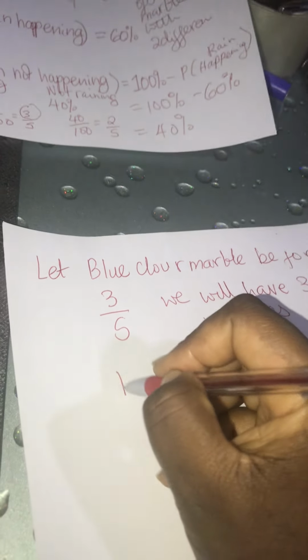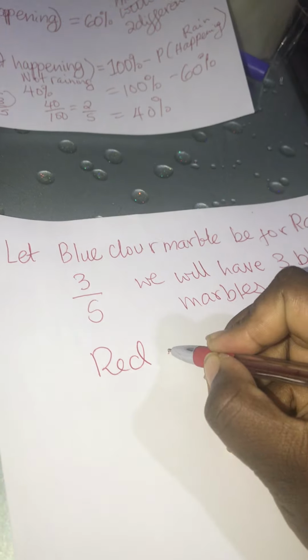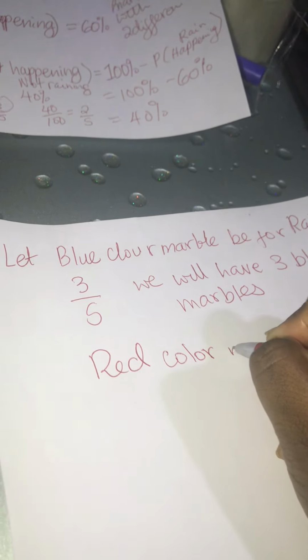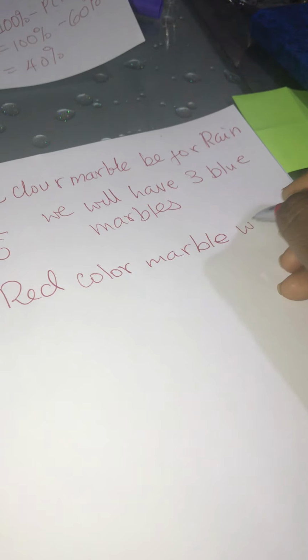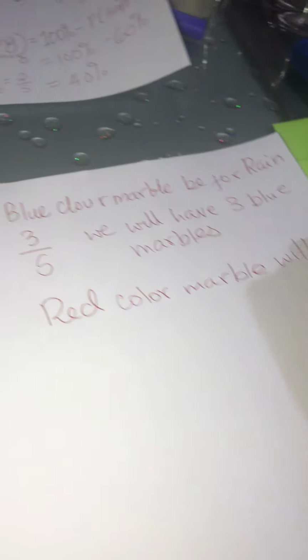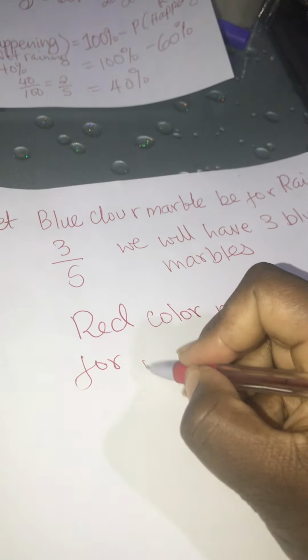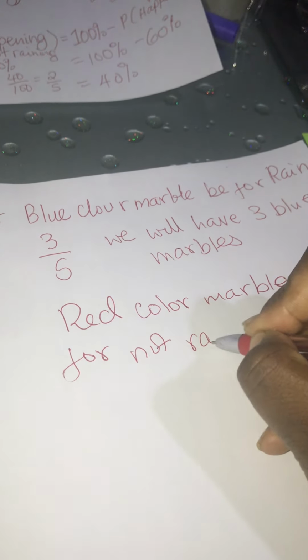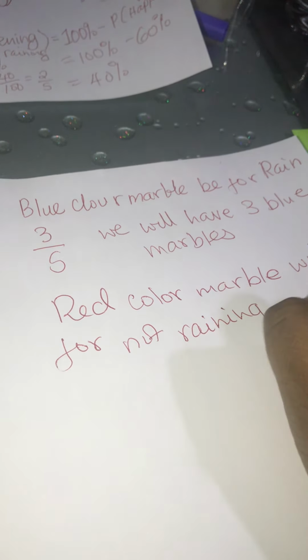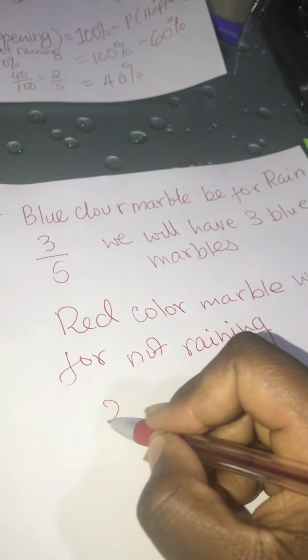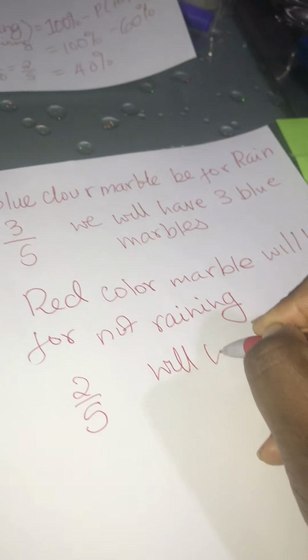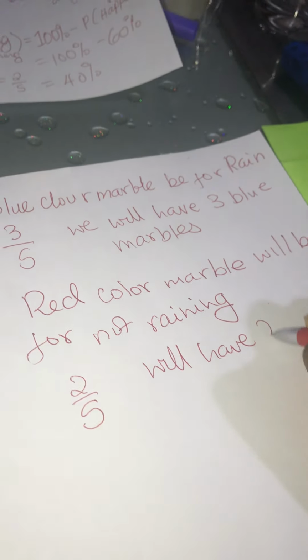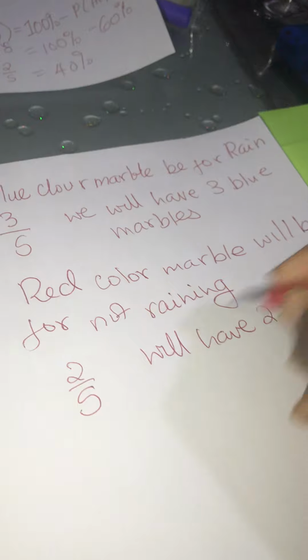And then you will say the red color marble will be for not raining. And how many did you get? 2 out of 5. So we will have 2 red marbles.